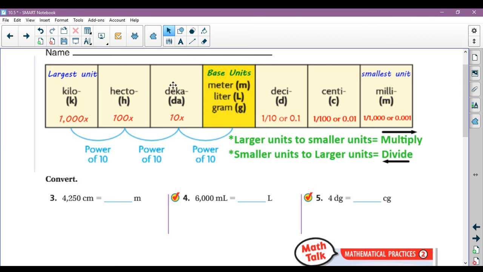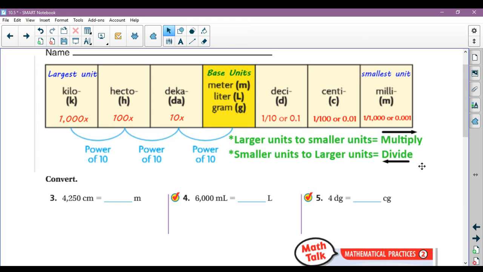Each power of 10: this is 10 times more than your base unit, this is 100 times, hecto, and kilo is 1,000 times more. Your deci is 1/10 of your base unit. Centi is 1/100th, and remember, it can be written as a fraction or as a decimal, same thing. And milli would be 1/1000th of your base unit.